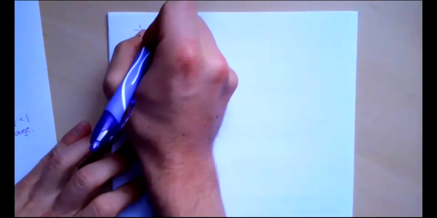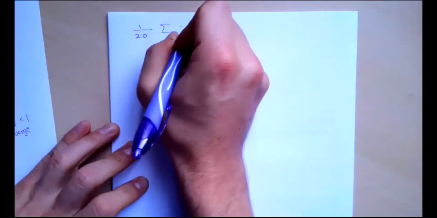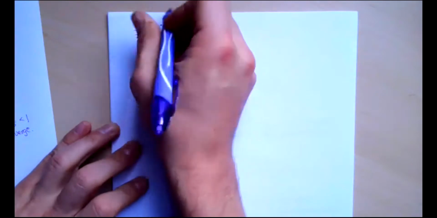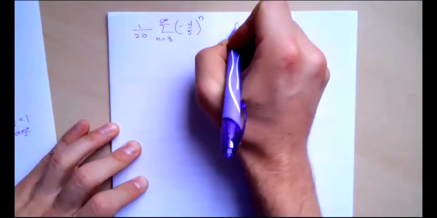We've got 1/20 times the sum of (-4/5)^n, but our n is starting at 3 to infinity.